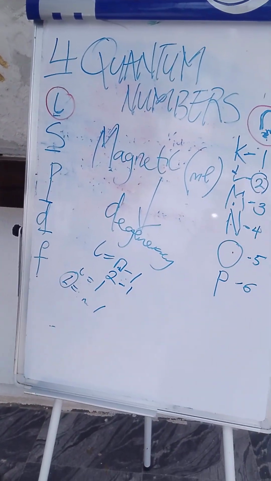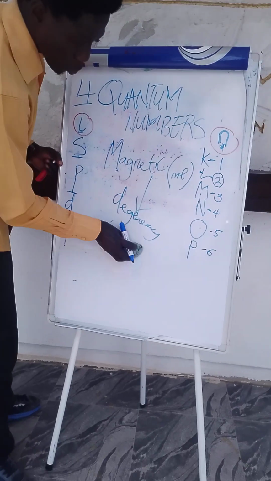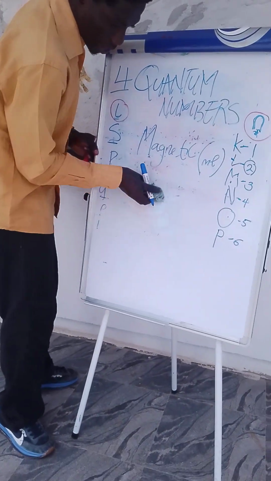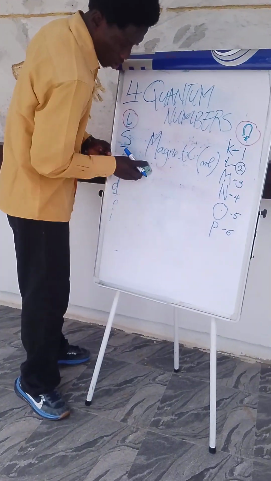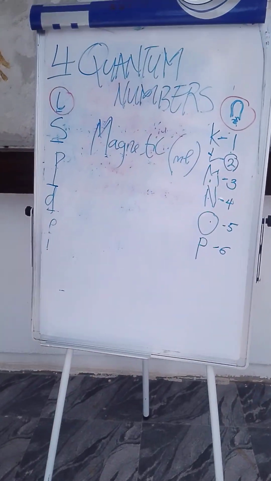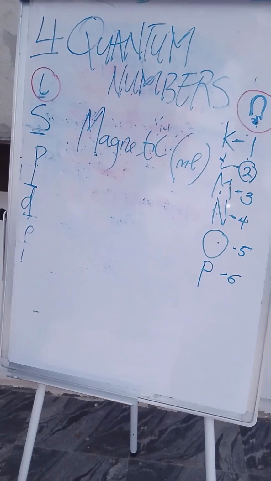Then what we really need under this magnetic, because when we enter into the calculation aspect, you need it, so please pay close attention. This thing is very, very simple.